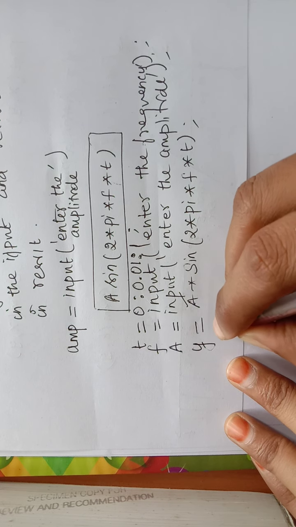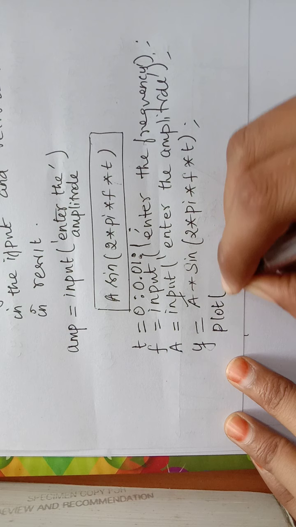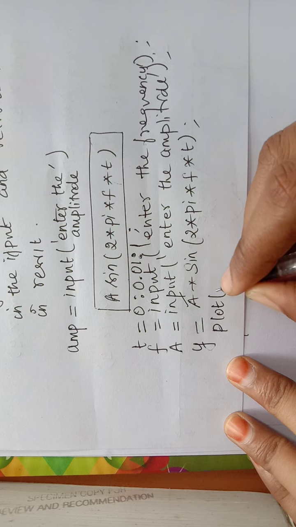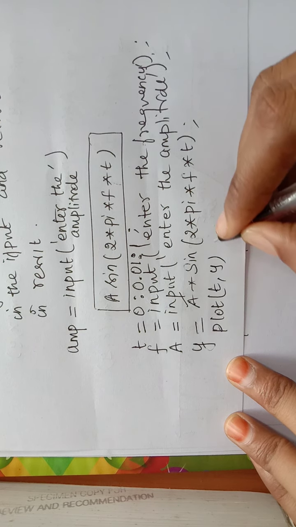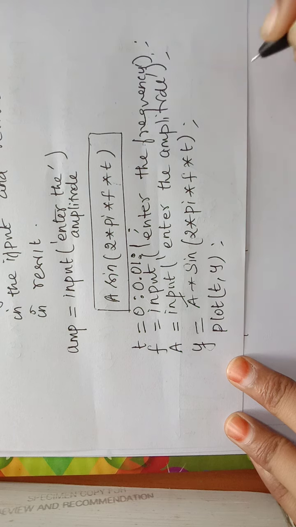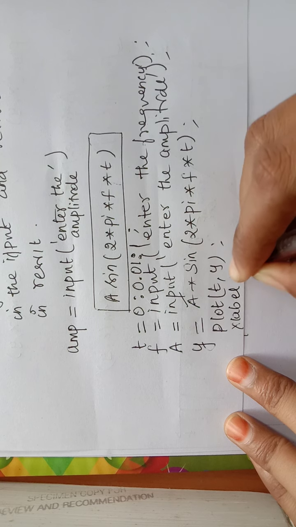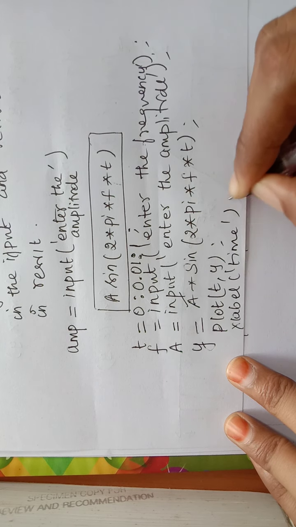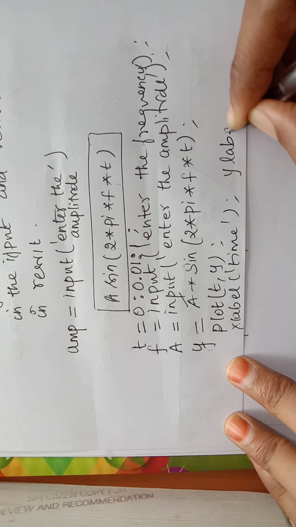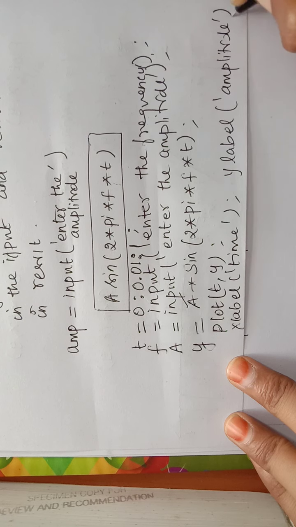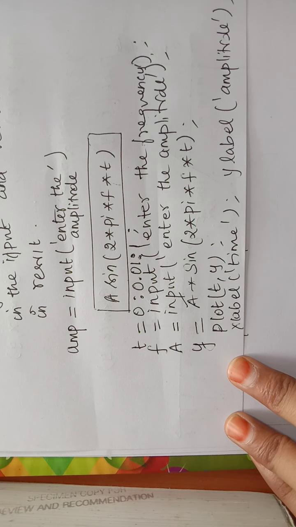Now we know that we are going to perform a plot, that is plot of x-axis variable t and y-axis variable y. Next I need to assign the labels to the axes. So I have to give xlabel time, then ylabel amplitude. So this is the program to generate a sine waveform. When you write this, you will get a sine waveform.